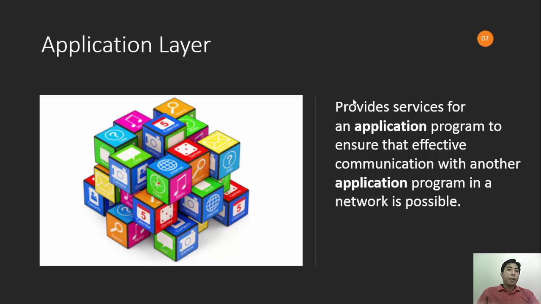Next is the application layer. It's a layer in the Open Systems Interconnection model and in the TCP/IP protocol suite. It consists of protocols that focus on process-to-process communication across an IP network, and it provides a firm communication interface and end user services.